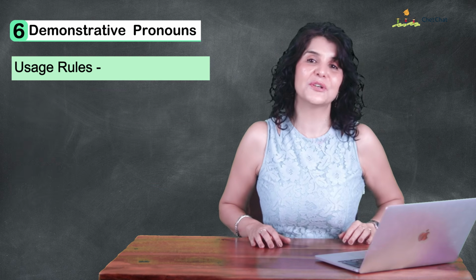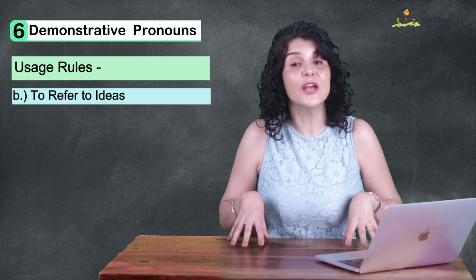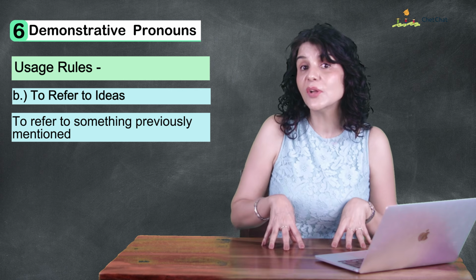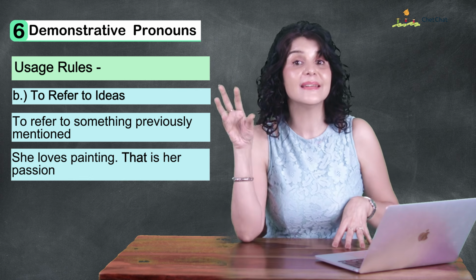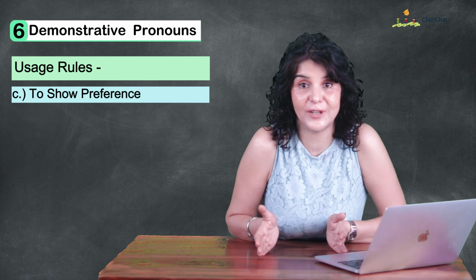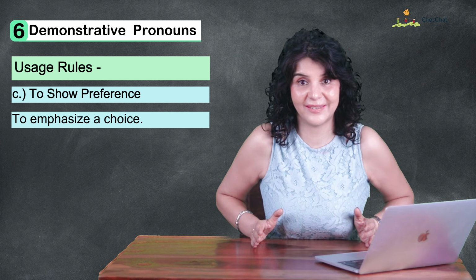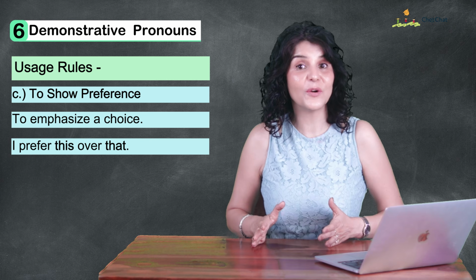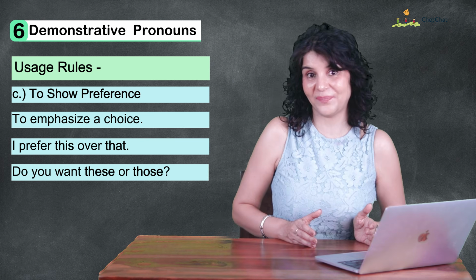We also use them to refer to ideas. We can also use demonstrative pronouns to refer to something previously mentioned. She loves painting. That is her passion. Demonstrative pronouns are also used to show preference. You can use it to emphasize a choice. I prefer this over that. Do you want these or those?